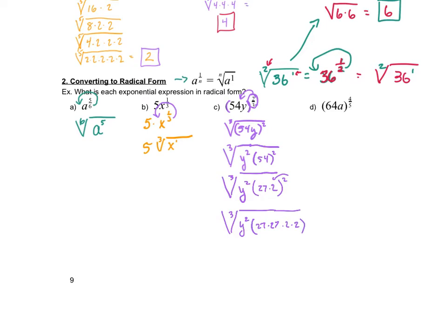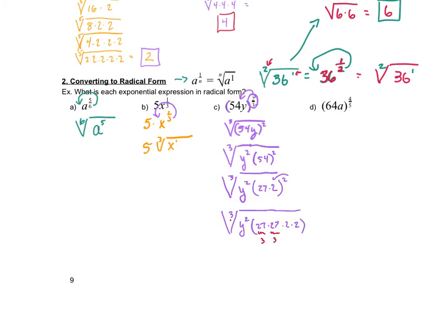And there you have some perfect cubes. We know that 27 is a perfect cube, right? We know that this 27 is a perfect cube. So if I bring those out as perfect cubes, I know that the cube root of 27 is 3.